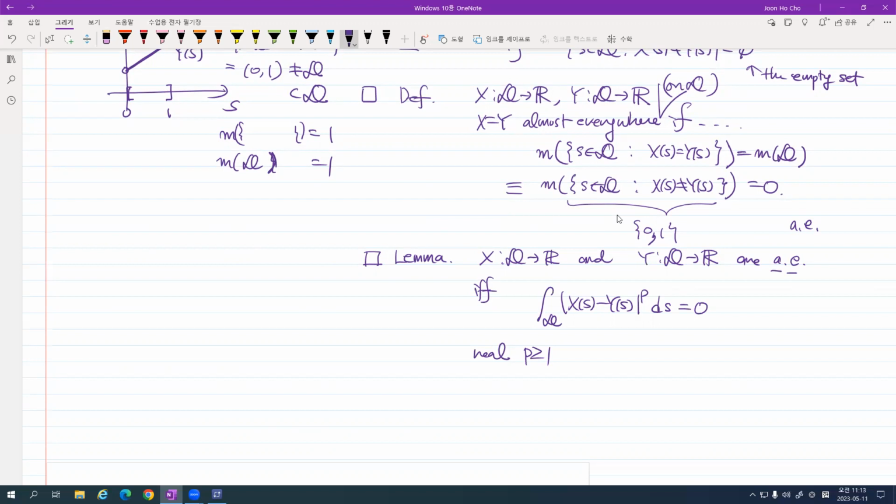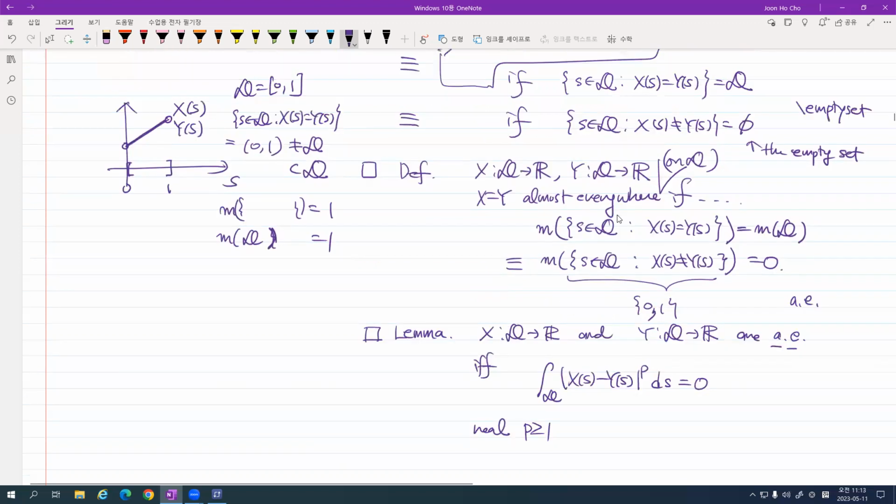And now let's apply this definition with, for example, p equals 2 in the above example. So what you do is integrate the difference squared over the interval 0 to 1. And what do you have? What is this function?